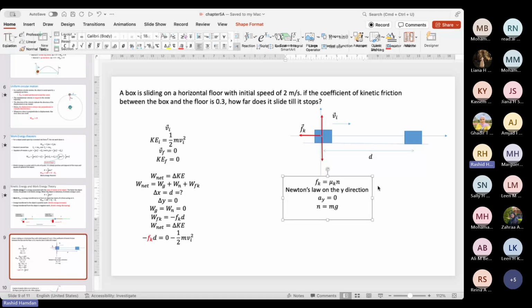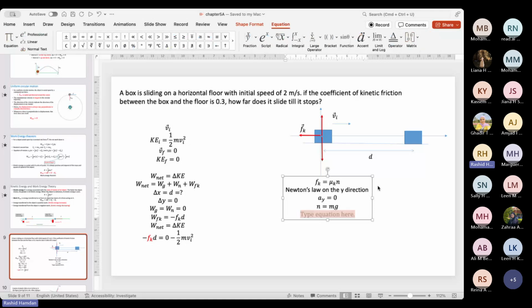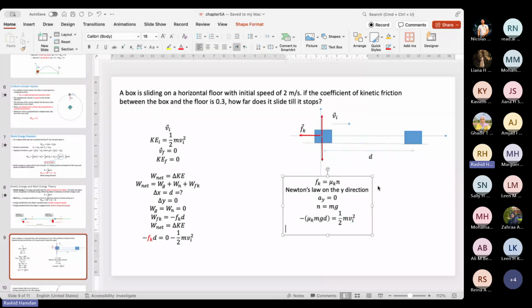Now we go back to the left side equation. So we have minus mu k mg multiplied by d equal to half m v initial squared. So m cancels out, and we find d.